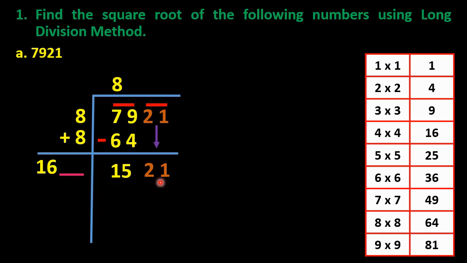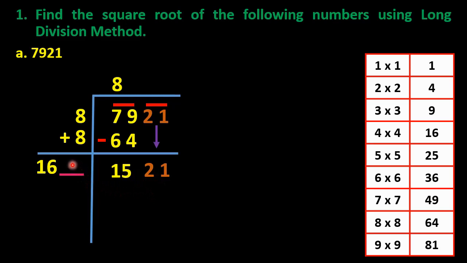Now the next thing that we have to do here is, here is already 16, and starting from 0, we have to get a number in the rough copy such that the product is less than or equal to 1521. For example, if you replace this space by 0, then here also you replace by 0. So 160 into 0 is 0, and 1521 is greater than 0.